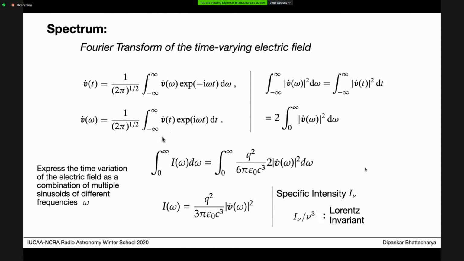So let us take v dot of t as the acceleration of the charge. So the electric field that I receive is proportional to v dot of t. I multiply it by e to the power of i omega t and integrate it from minus infinity to infinity.